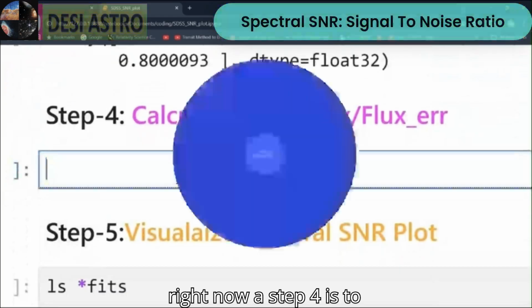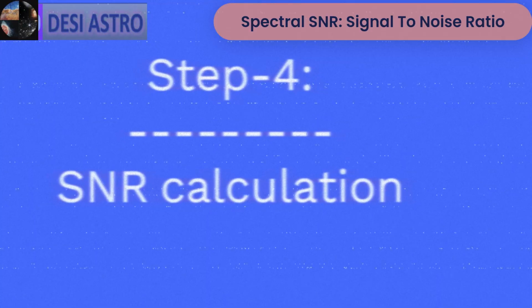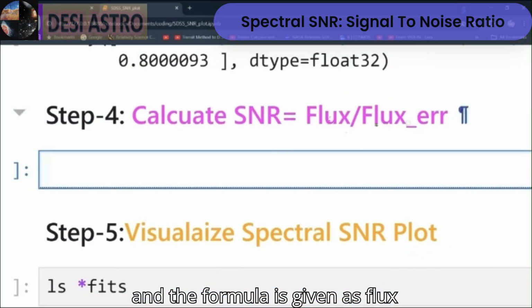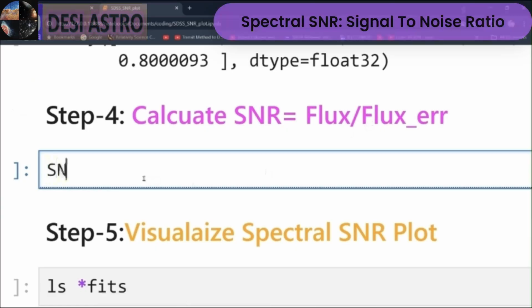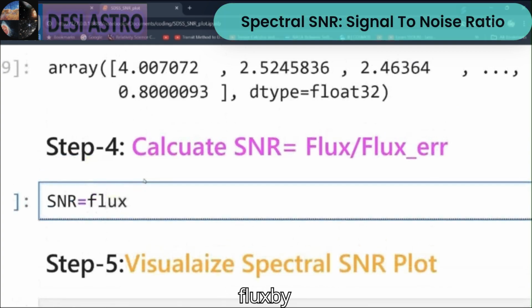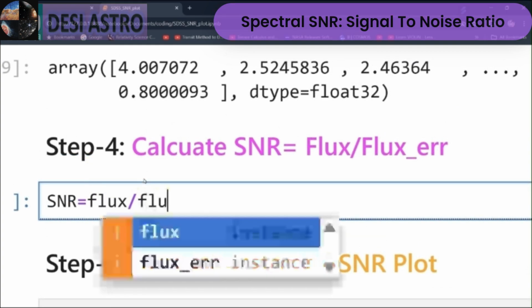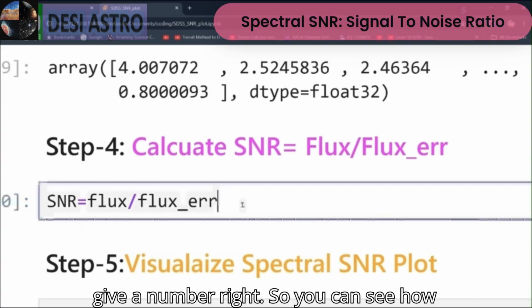Now step 4 is to calculate your SNR, and the formula is given as flux divided by flux error. Okay, so type here SNR equal to flux divided by flux error, right? So this will give a number, right?